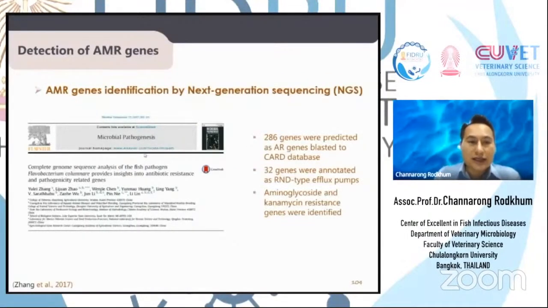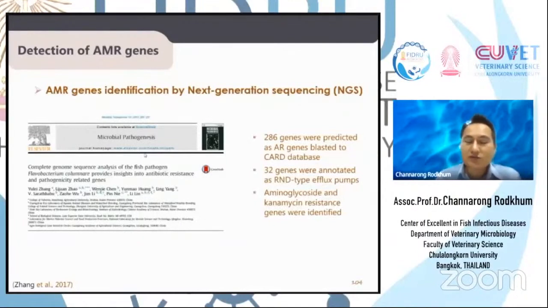This is one example from another group of researchers who identified antimicrobial resistance genes from complete genome sequencing using next generation sequencing. They found around 286 genes predicted as antimicrobial resistance genes when they blasted against the CARD database. They found 32 genes annotated as RND-type efflux pumps, and aminoglycoside and kanamycin resistance genes were identified.